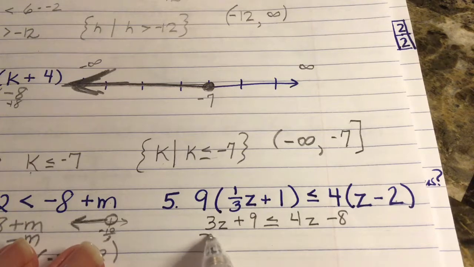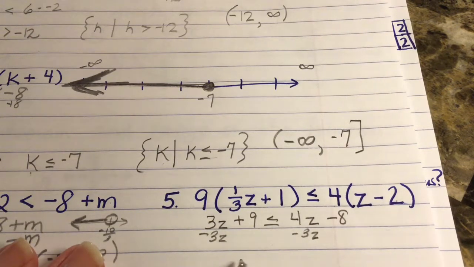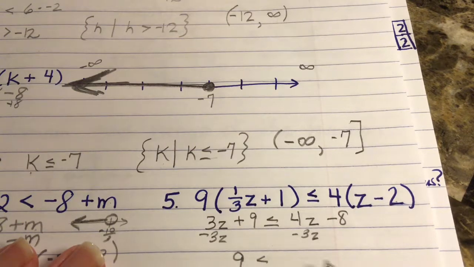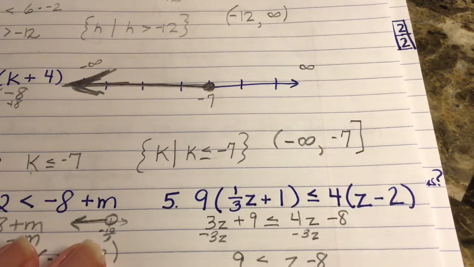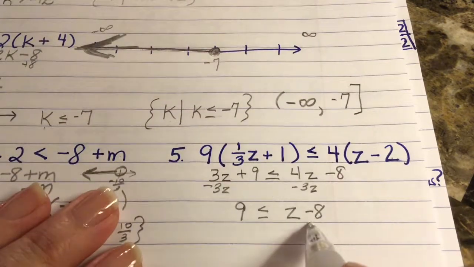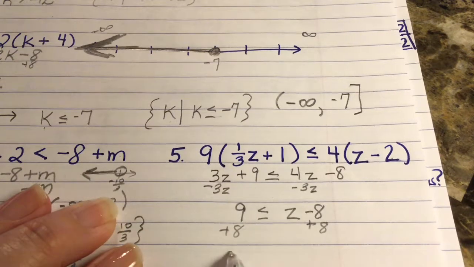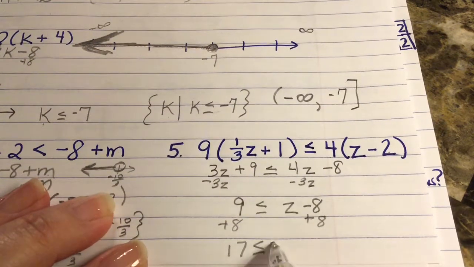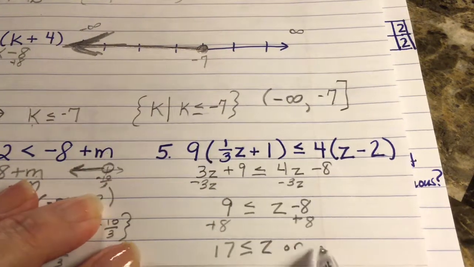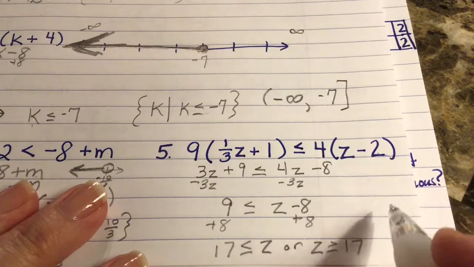Okay, next I'm going to move my z to the right. 9 is less than or equal to z minus 8. Then I'm going to add 8 to both sides. 17 is less than or equal to z, or better written as z is greater than or equal to 17.